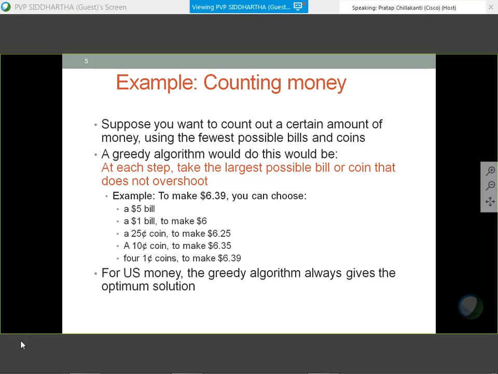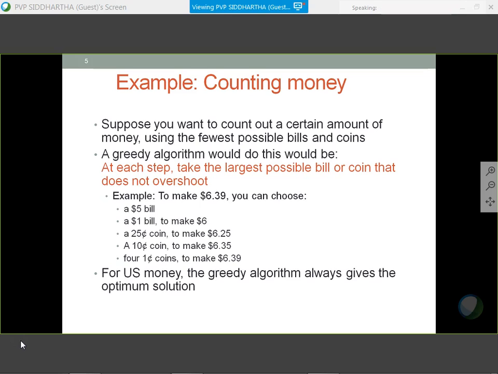So I have to take 25 because 50 exceeds 39. Then I'm left with 14. So then I can take 10, then I'm left with 4. I can't take 5. Then I take 4 ones. Okay. So with respect to US currency, as of today, the greedy algorithm always gives the optimum solution.